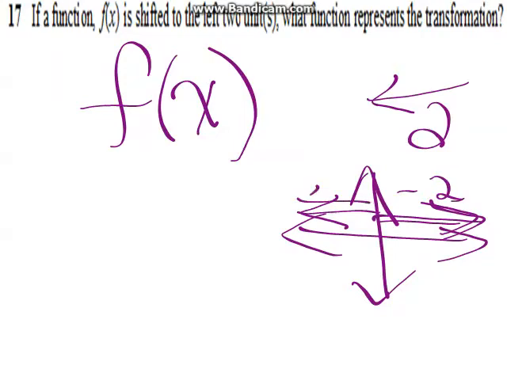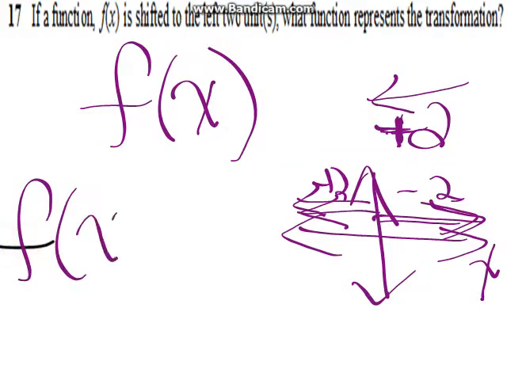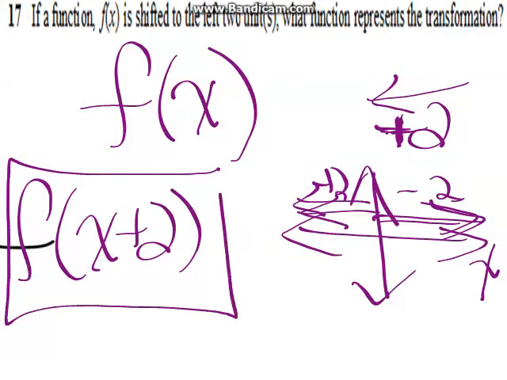If we were moving it to the left, we would do a plus 2. It's sort of backwards when you shift it across the horizontal axis, across our x. So we know it says we're moving to the left by 2 units, so we're going to add 2. So this becomes f of x plus 2. And that's our answer.